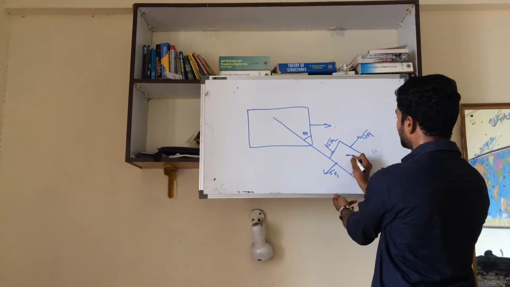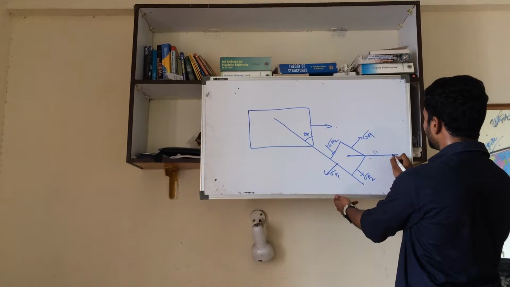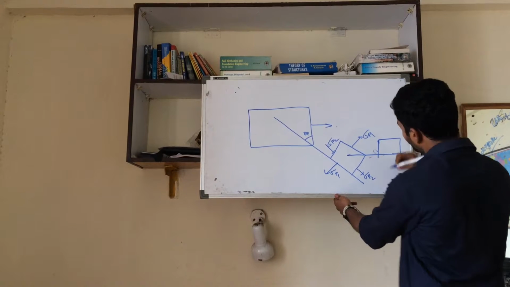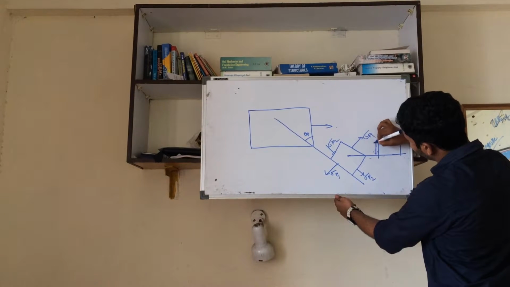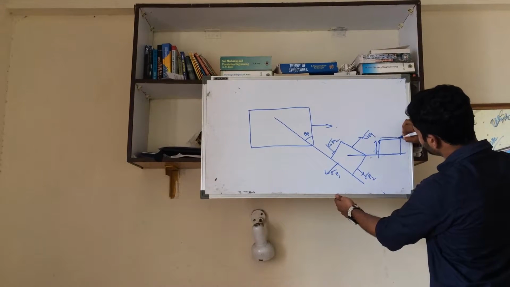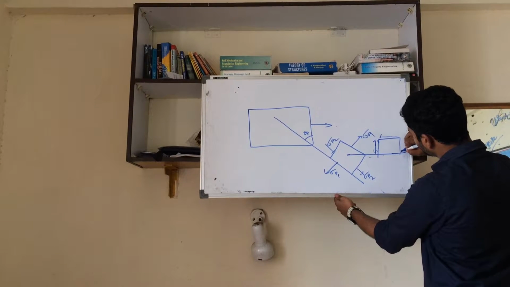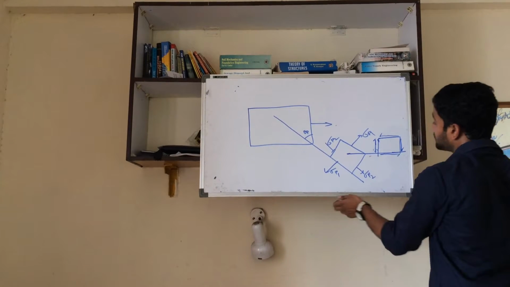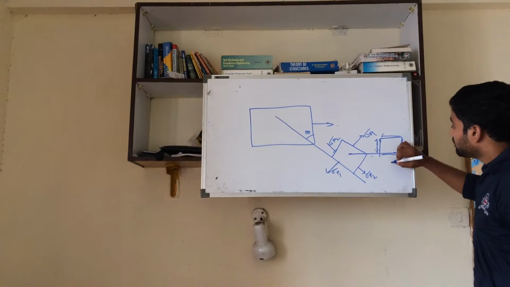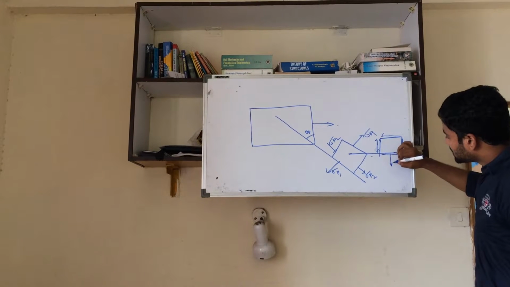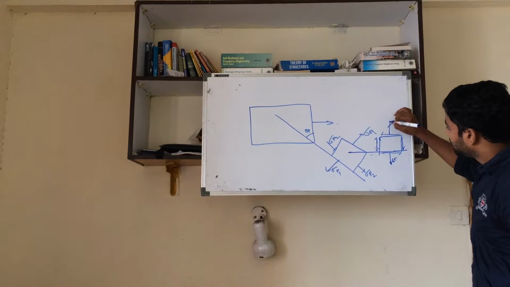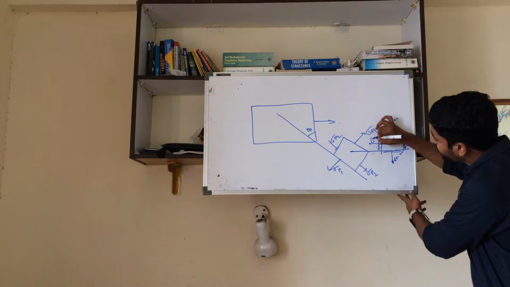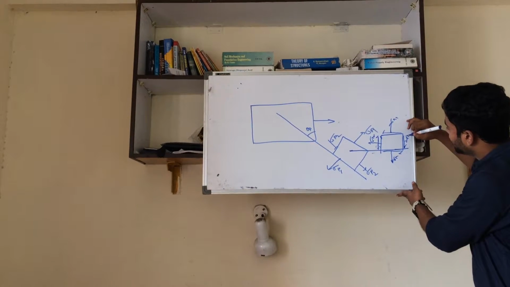So if you take the bisector of 45 degrees for this one, on this plane you can show the maximum shear stress. This is the maximum shear stress. So these are the planes. There will also be some amount of normal stress on these planes: sigma n1, sigma n1, sigma n2 and sigma n2.